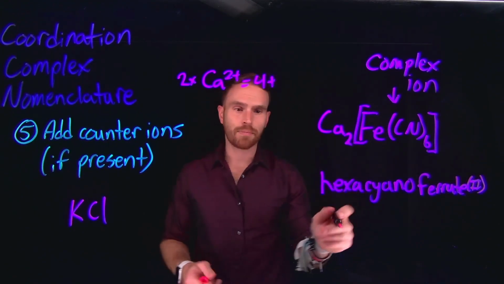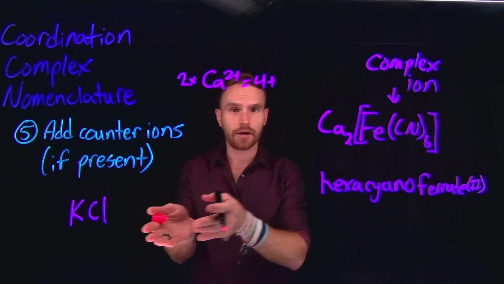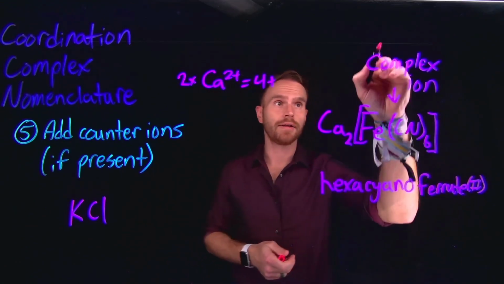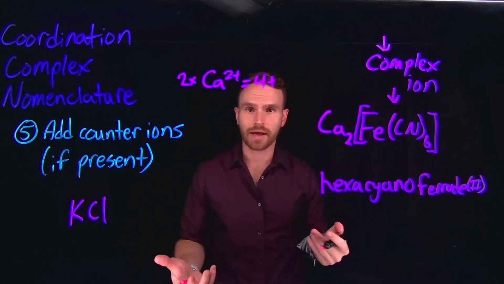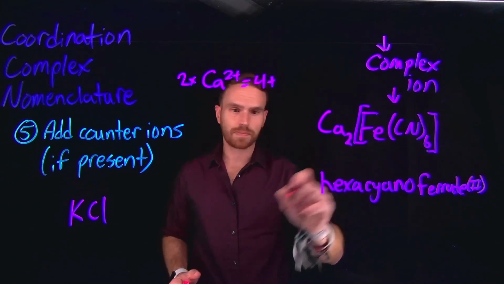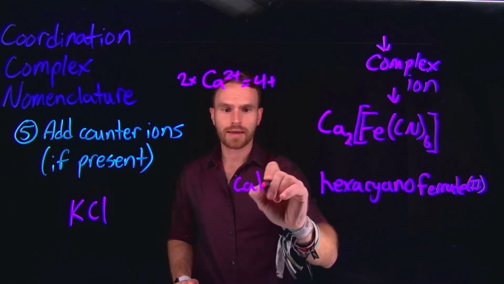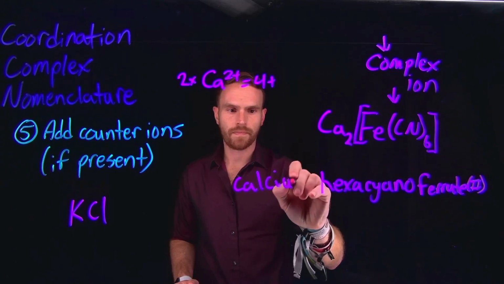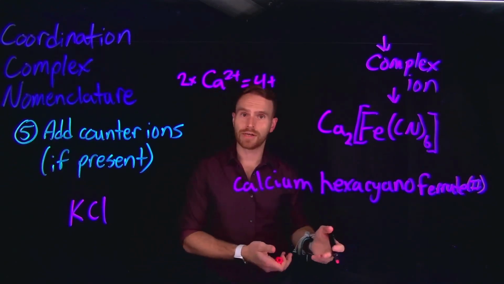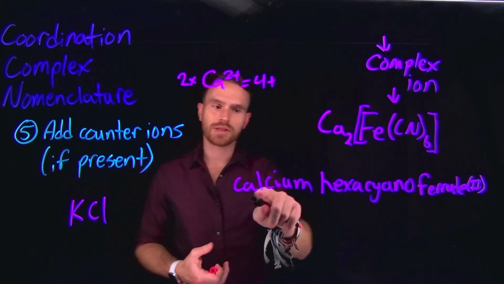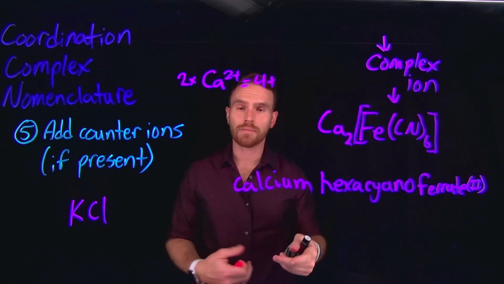So in this example, you just write the name of the cation followed by the name of the anion, which in this case was the complex ion. So therefore, this species would just be called calcium hexacyanoferrate 2.